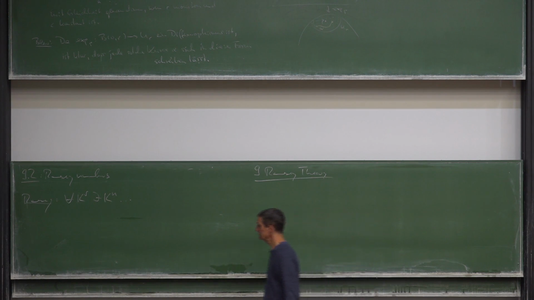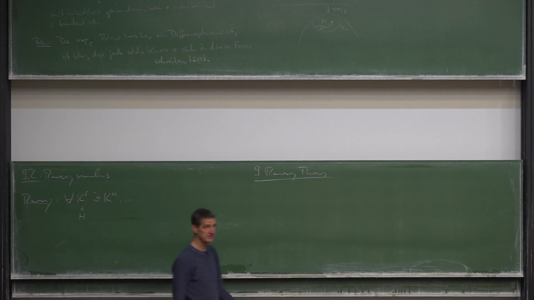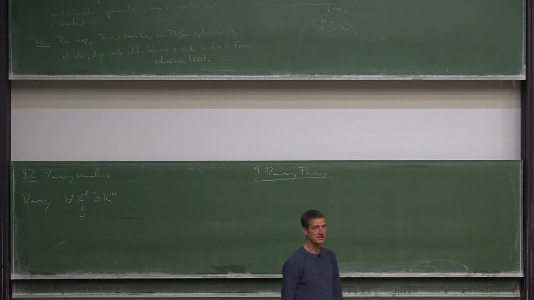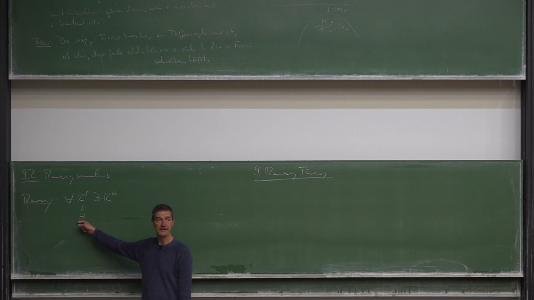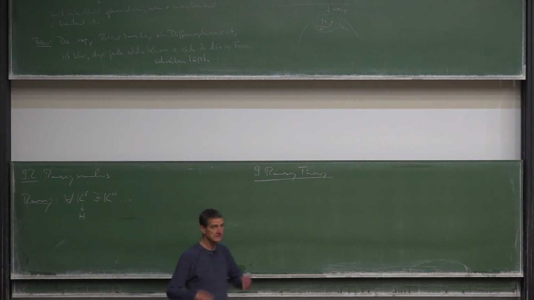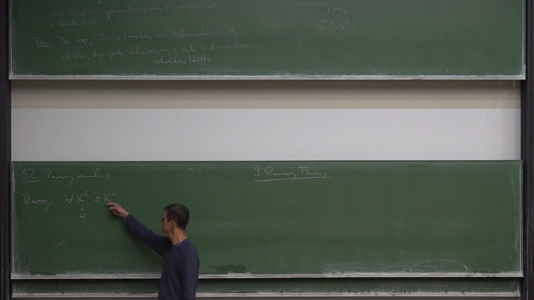So let's generalize this K_r to an arbitrary graph H. So is it still true that for every finite graph H, there's an n such that K_n, no matter how we edge color it with two colors, contains a monochromatic H?